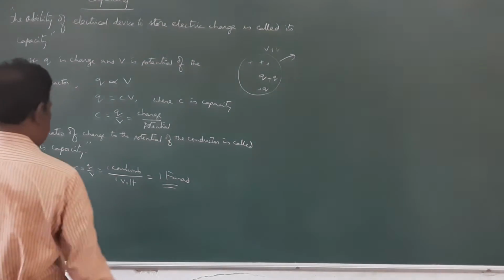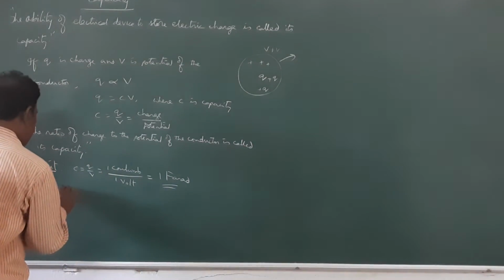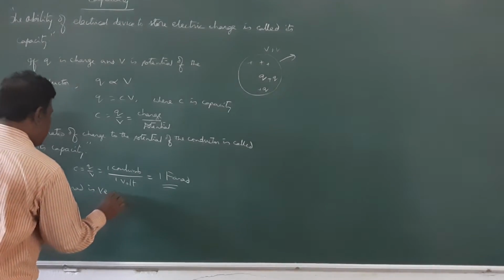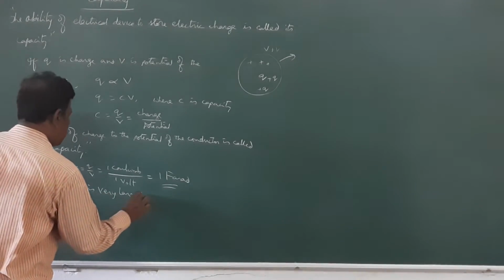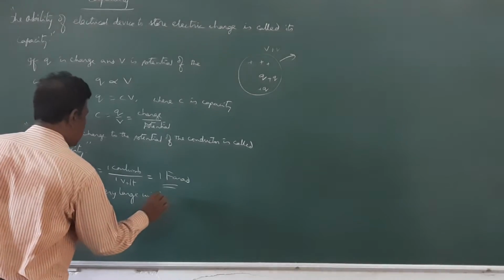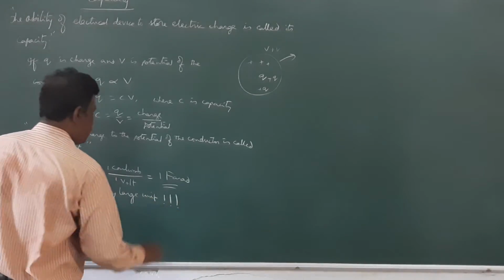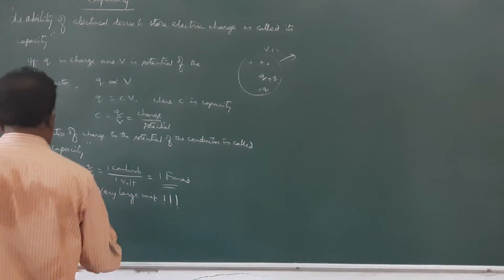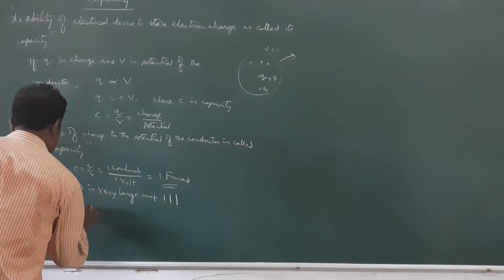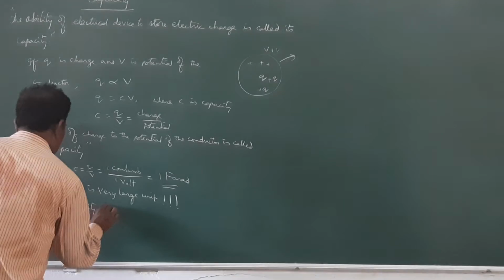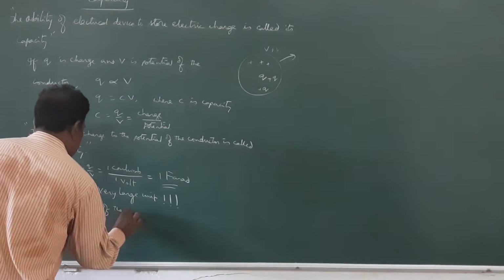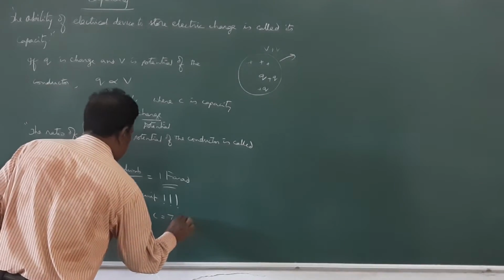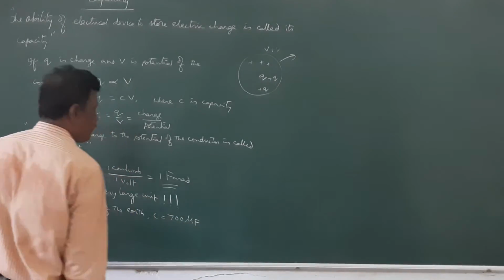Therefore, farad is a very large unit. The capacity of earth, C is equal to 700 microfarad.